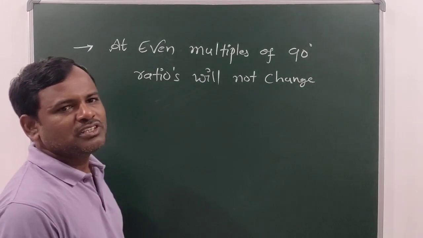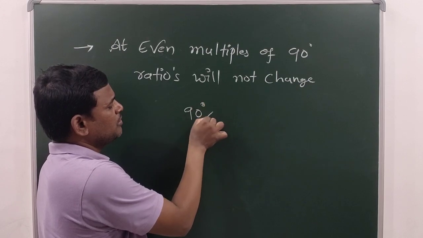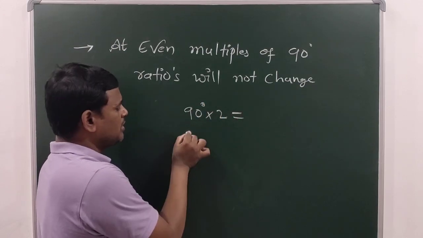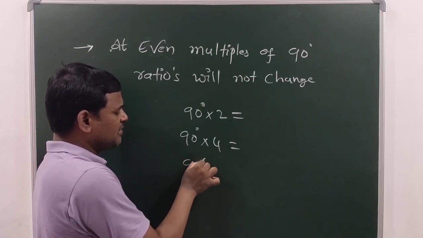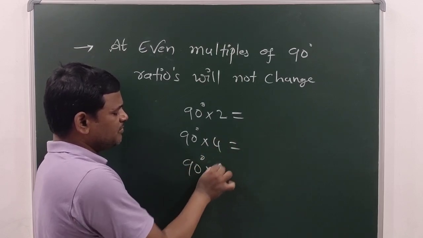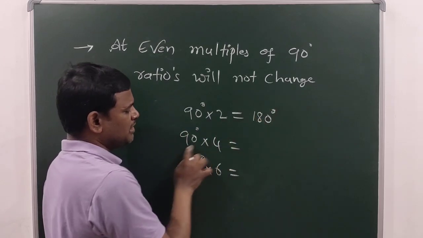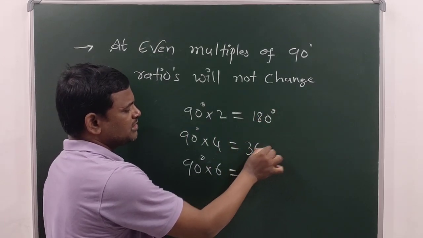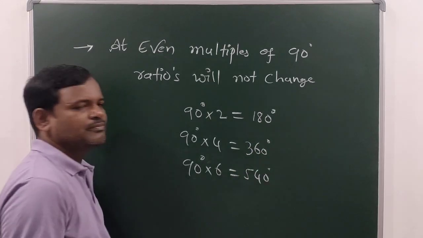What are even multiples of 90? When you multiply 90 with 2, 90 with 4, 90 with 6, even numbers. 90 times 2 is 180 degrees, 90 times 4 is 360 degrees, 90 times 6 is 540 degrees.